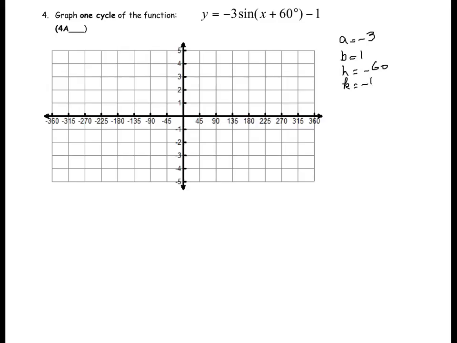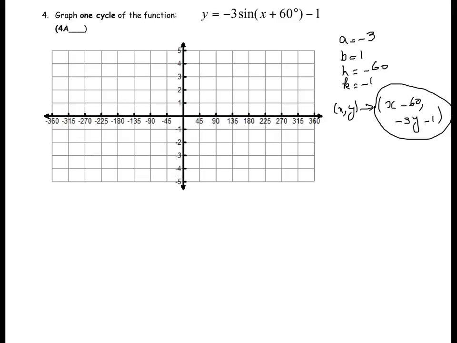So my mapping notation becomes xy goes to x over b, which is x over 1, so x, plus h, which is -60, ay, which is -3y, plus k, which is -1. So for every xy pair of points in the base function table of values, I'm going to apply this mapping notation to get the table of values of the transformed function.